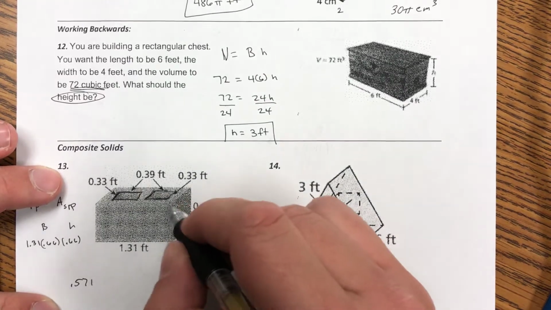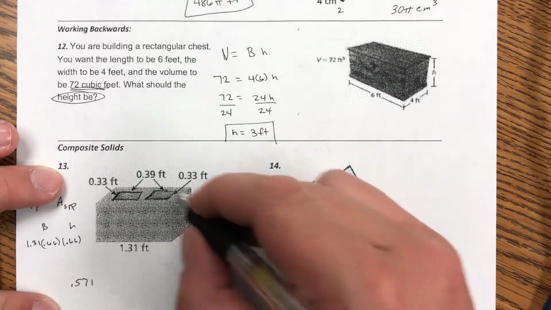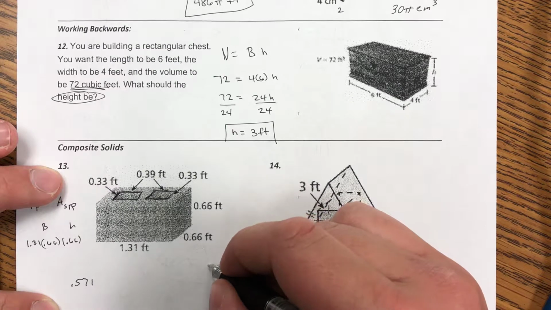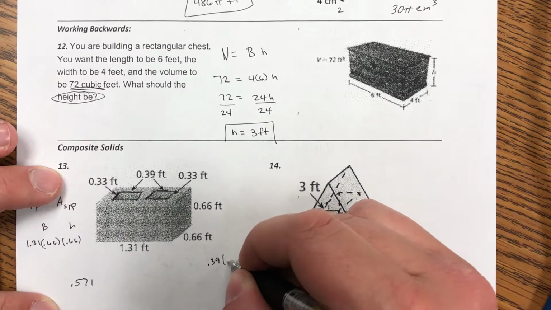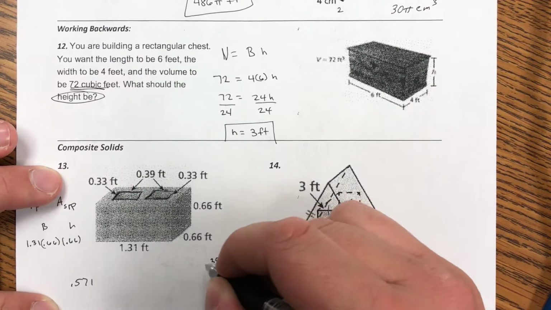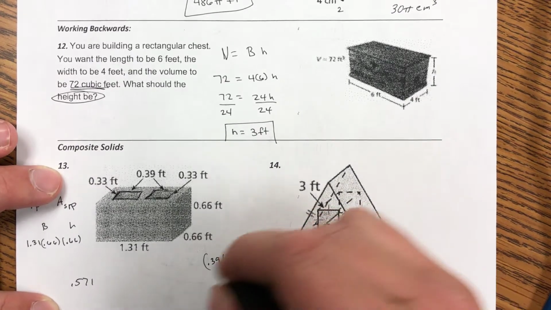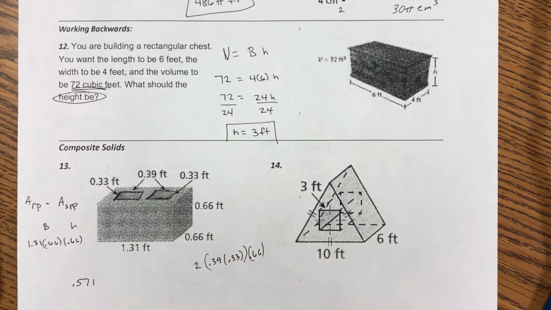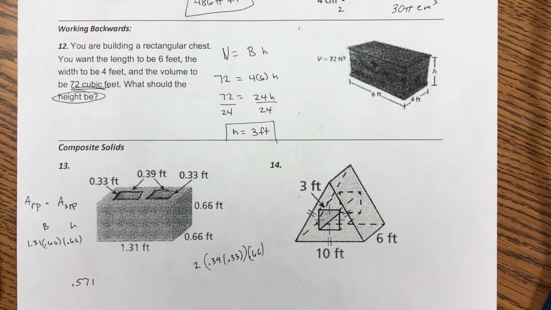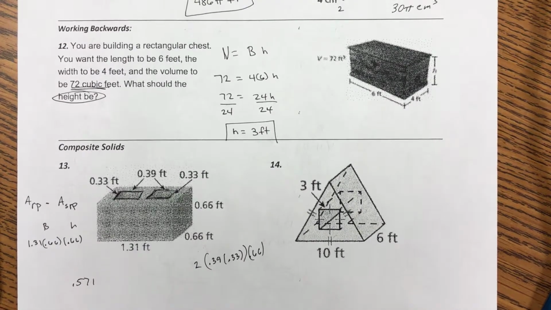Then I have two shapes that are cut out that have a base of 0.39 times 0.33, and that's going to be multiplied by the height, which is still 0.66. And I do have two of those. So I'm going to take 2 times 0.39 times 0.33 times 0.66.